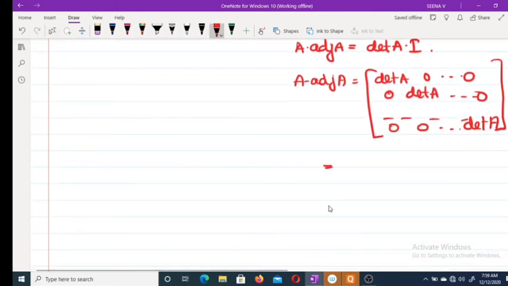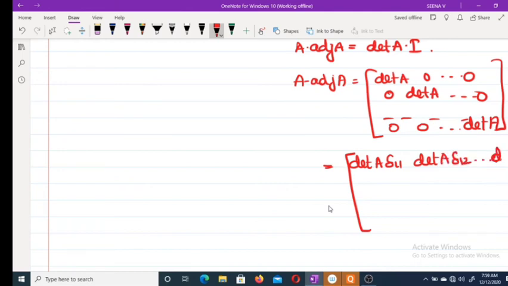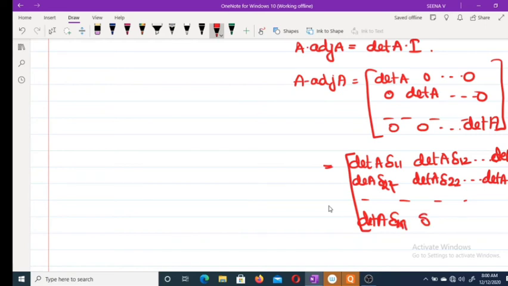So this is the same as determinant A delta 1 1, determinant A delta 1 2, etc., determinant A delta 2 1, determinant A delta 2 2, etc., determinant A delta n1, determinant A delta n2, etc., determinant A delta nn, isn't it?